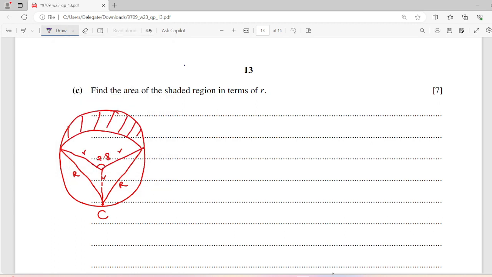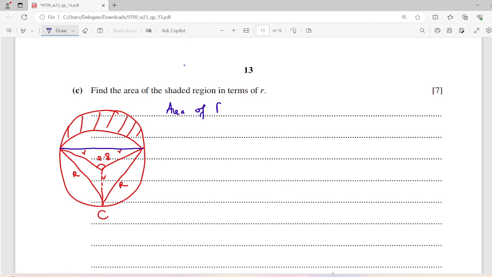So what you need to do is find the area of the major segment. When I consider the bigger circle, I need to get the area of the bigger segment.